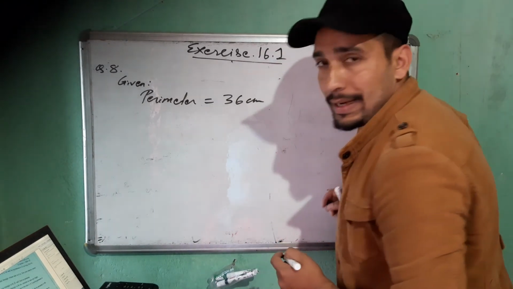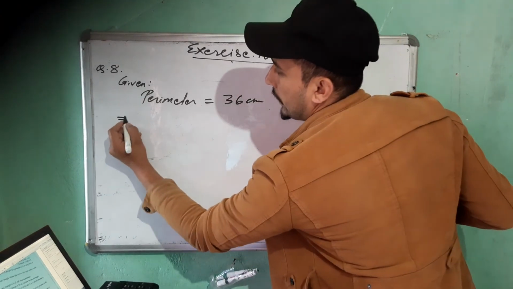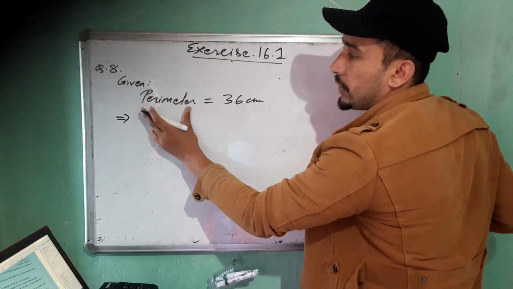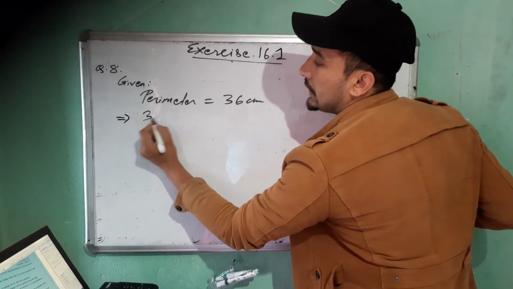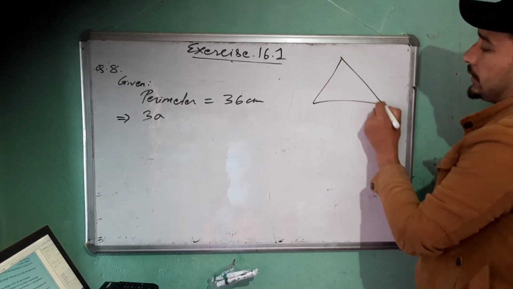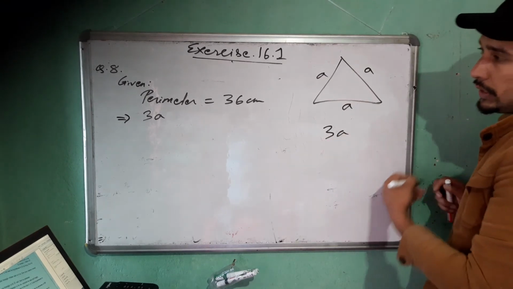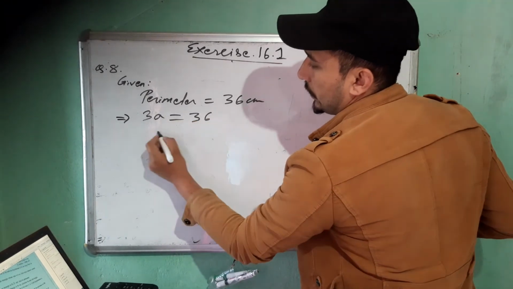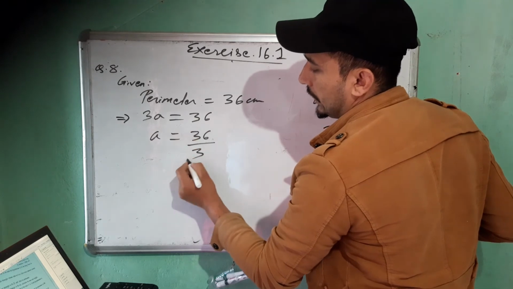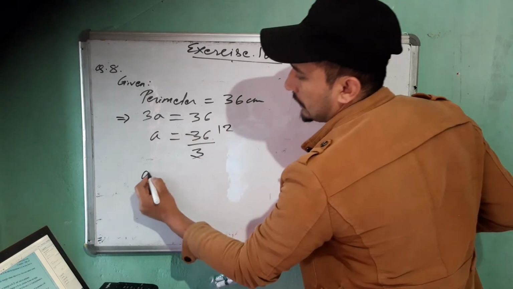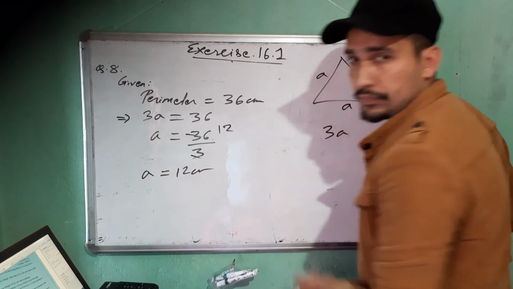You have to find the area and the height. The formula for the perimeter of an equilateral triangle is 3a. You have to add 3 sides, A plus A plus A, so 3a. 3a is equal to 36. So A will be equal to 36 upon 3. 3 1s are 3, 3 2s are 6. Side equals 12 centimeter.